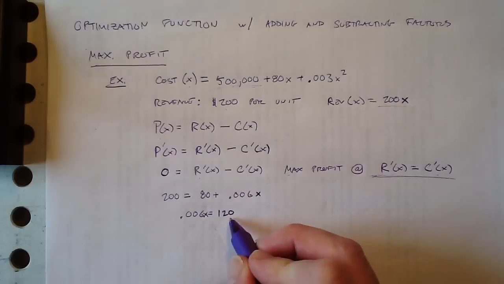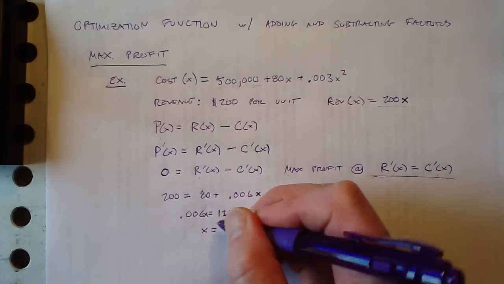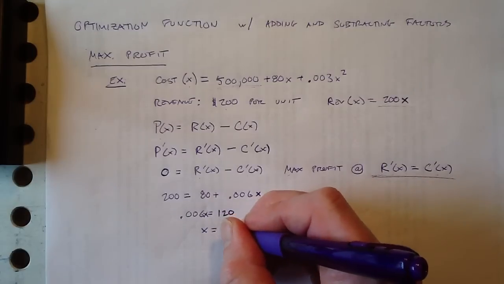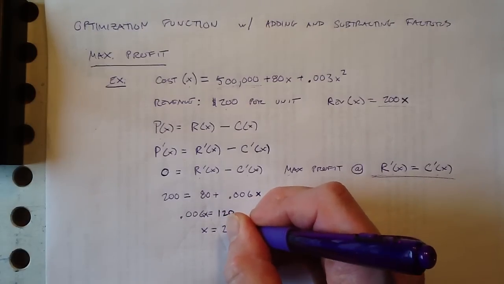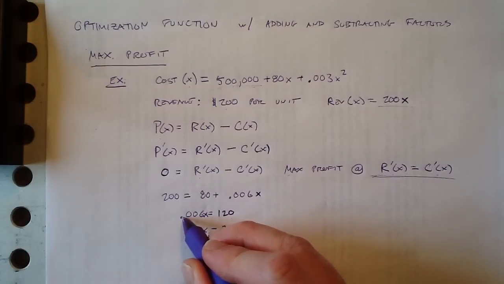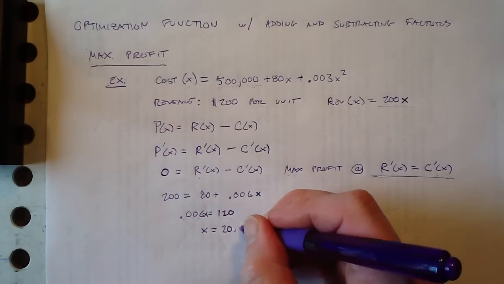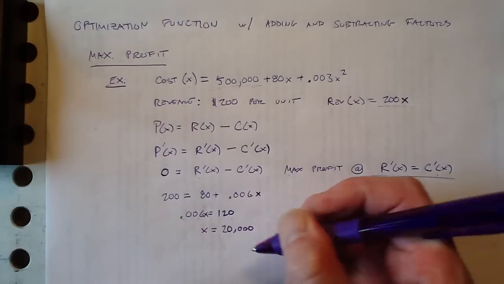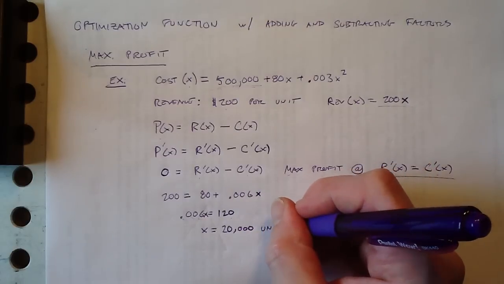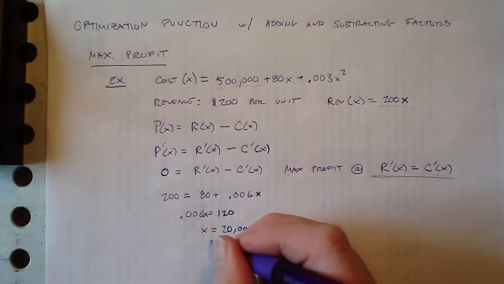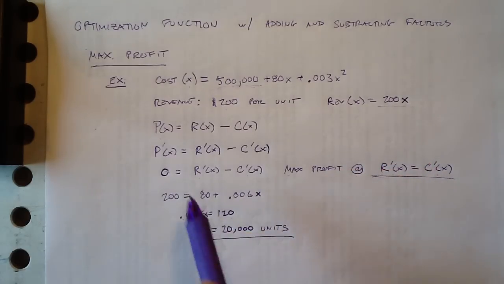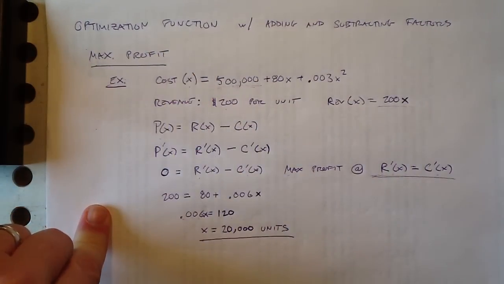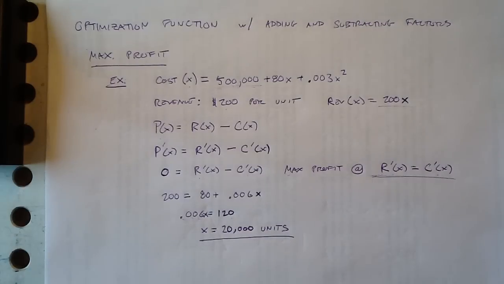And let's see, 6 would go into that 20 times, right? But this is 0.006, I have 1, 2, 3 more zeros there. So there we go. Maximum profit happens when we sell 20,000 units. Right? That's how we maximize our profit.